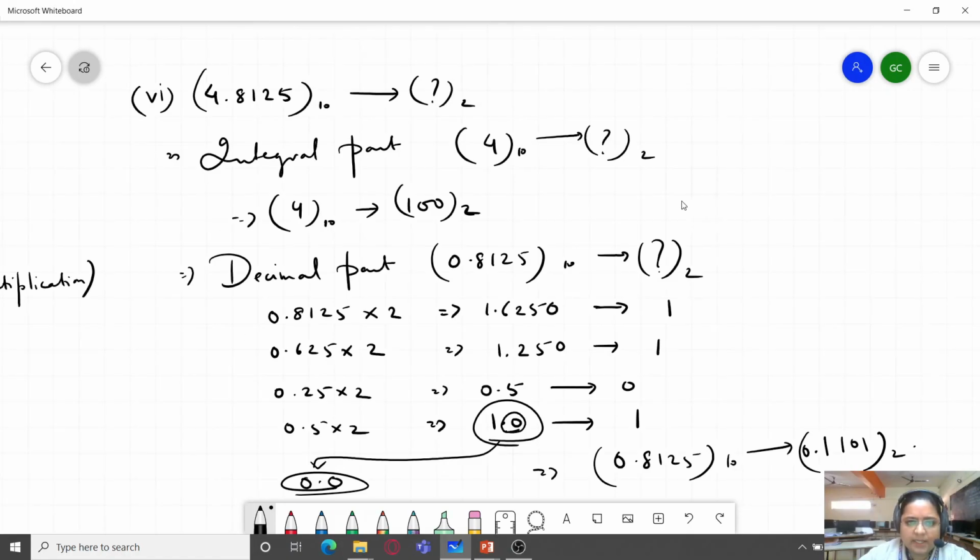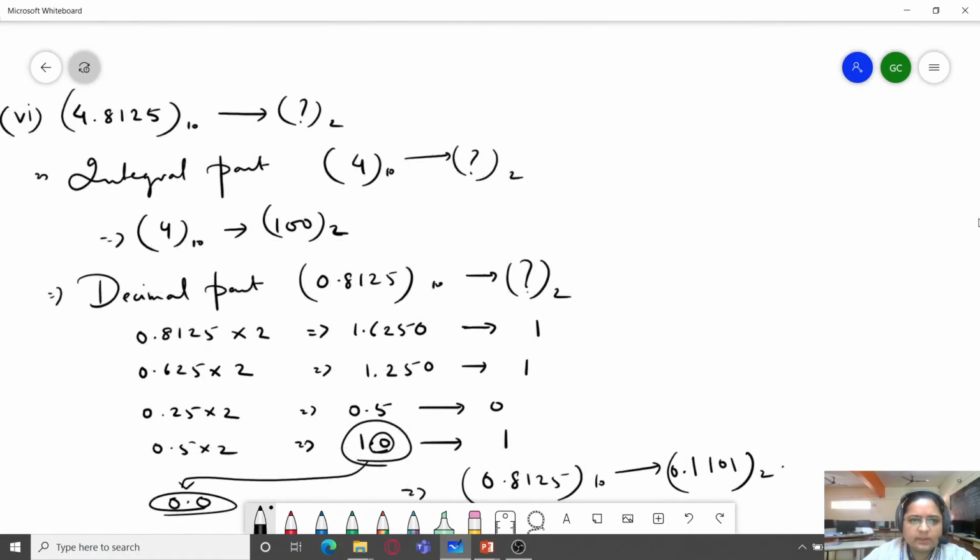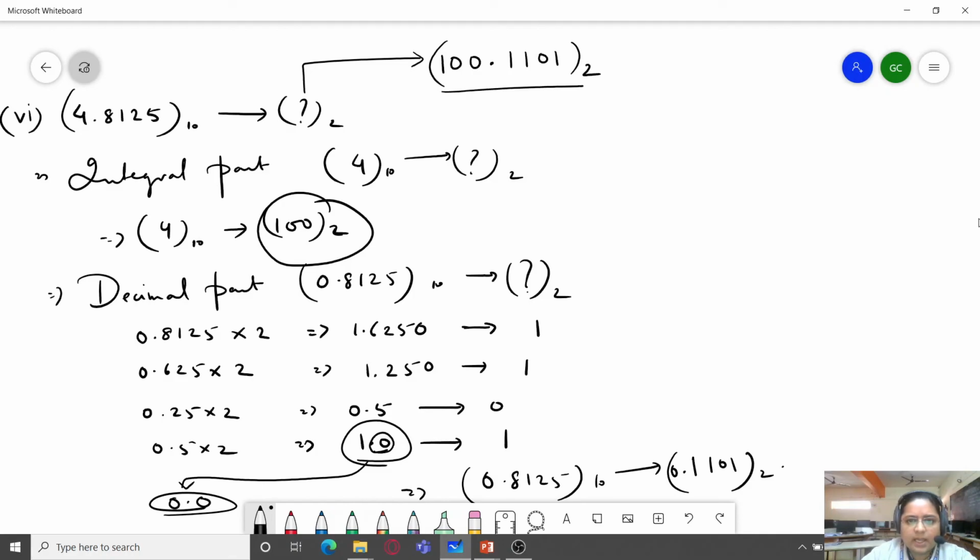And when finally I need to write this number, that is 4.8125, I will combine their integral and fractional parts together, and this gives me the binary equivalent of 4.8125. So this was conversion from decimal to binary.